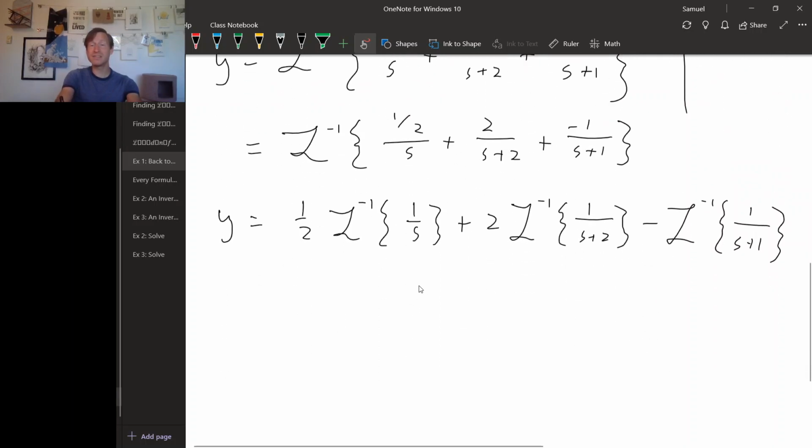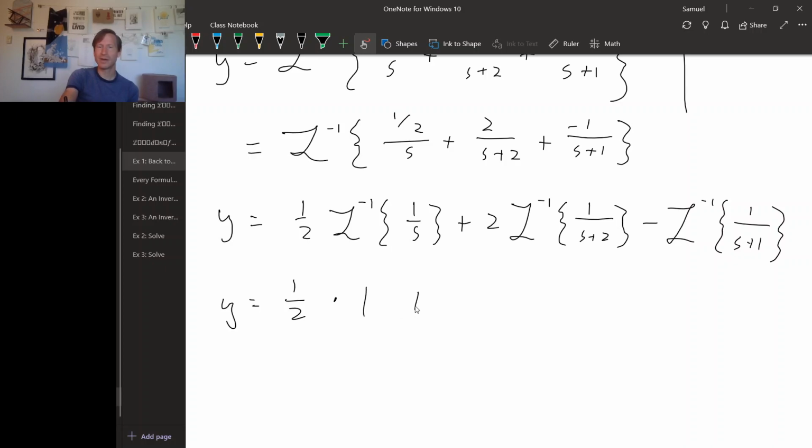All of these are ones that we know. The inverse Laplace transform of 1 over s is 1, plus 2 times e to the minus 2t, minus e to the minus t.